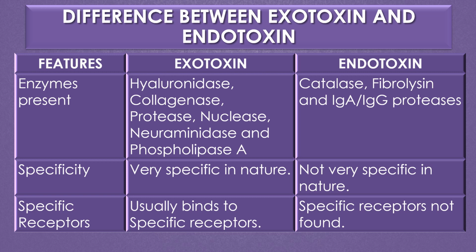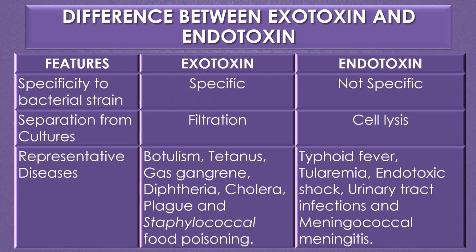Exotoxins usually bind to specific receptors, but in endotoxins, specific receptors are not found. Exotoxins are specific to certain bacterial strains, but endotoxins are not specific to any bacterial strains.